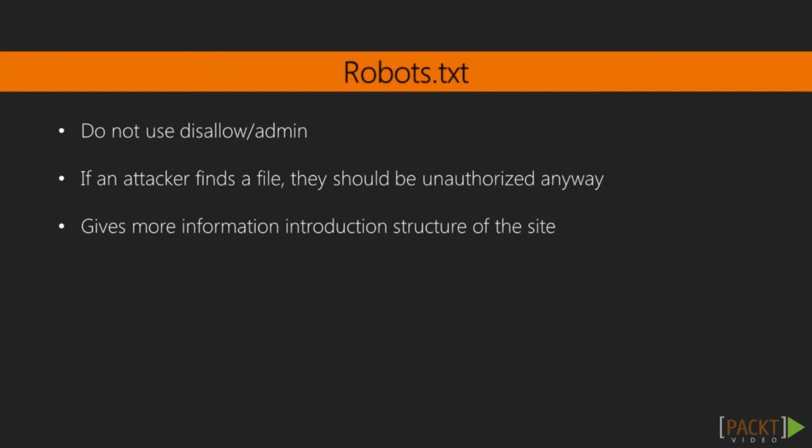It can also give information into the structure of the site, which isn't always the best, such as an includes file, which may not necessarily have the necessary validation checks if a user visits that page directly, which I'll go on to in a bit. So if you're going to use robots.txt, do not show things like disallow and then the admin folder.